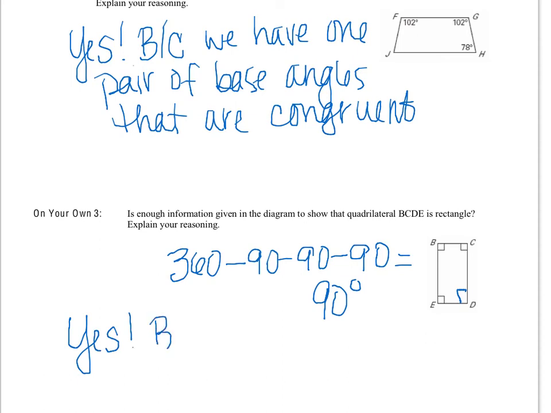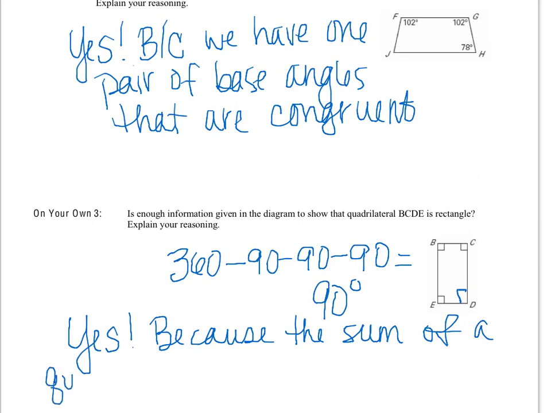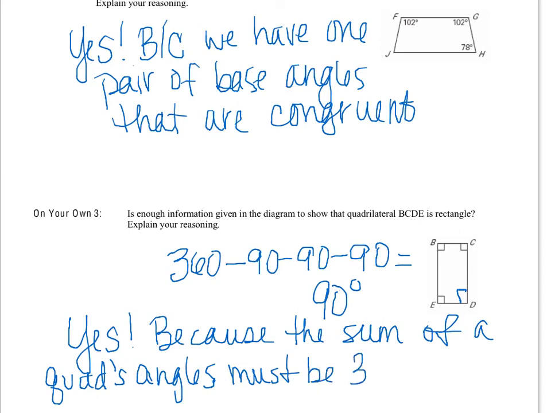And that's because the sum of a quadrilateral's angles must be 360 degrees, making angle D equal to 90 degrees.